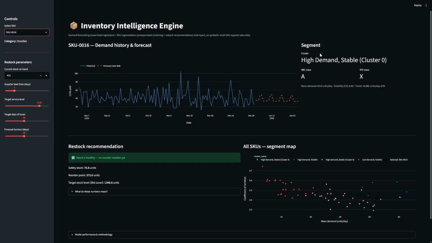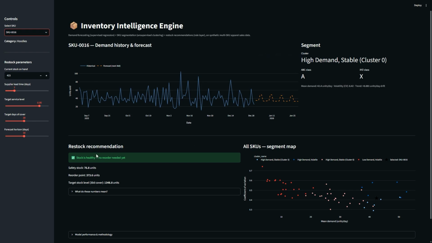Here, this SKU shows high demand, stable, and ABC class is A and XYZ class is X. So every SKU also gets a segment. Across the full catalog, that clustering agrees with classical revenue based ABC analysis on nearly 94% of top tier SKUs. Two completely different methods landing on the same answer.